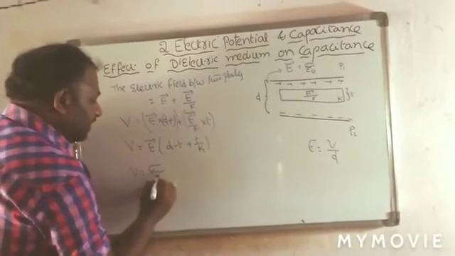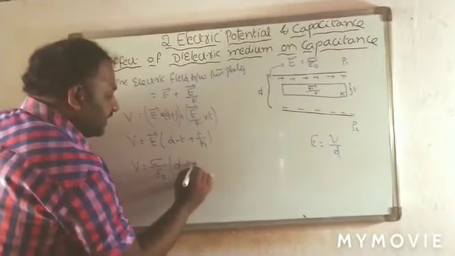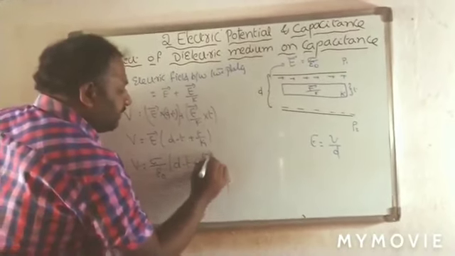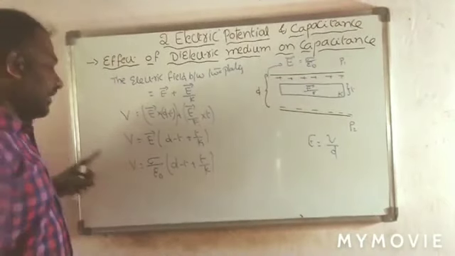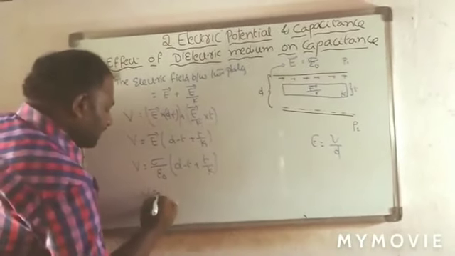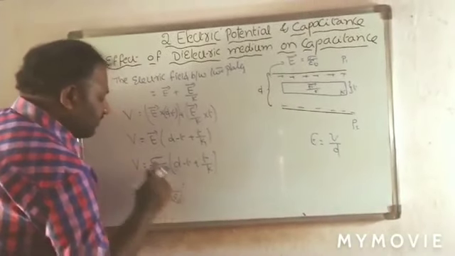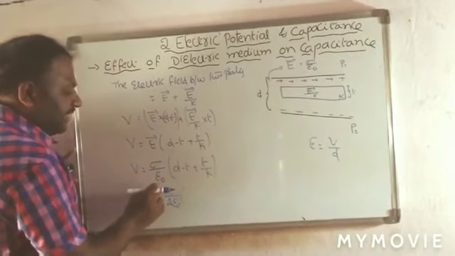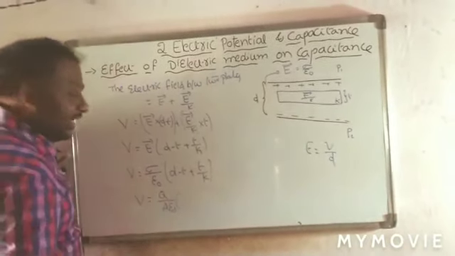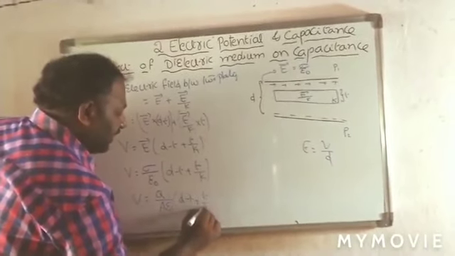E bar is nothing but sigma by epsilon naught. We derived in the last session that the electric field between two parallel plates is sigma by epsilon naught. Here sigma is nothing but Q by A. So by substituting Q by A, V is equal to Q by A epsilon naught into d minus t plus t by K.